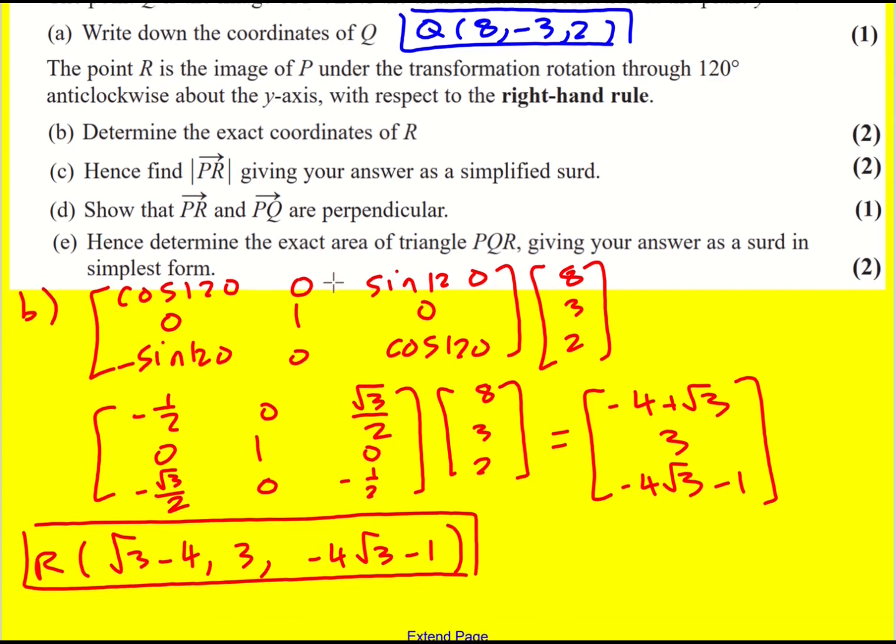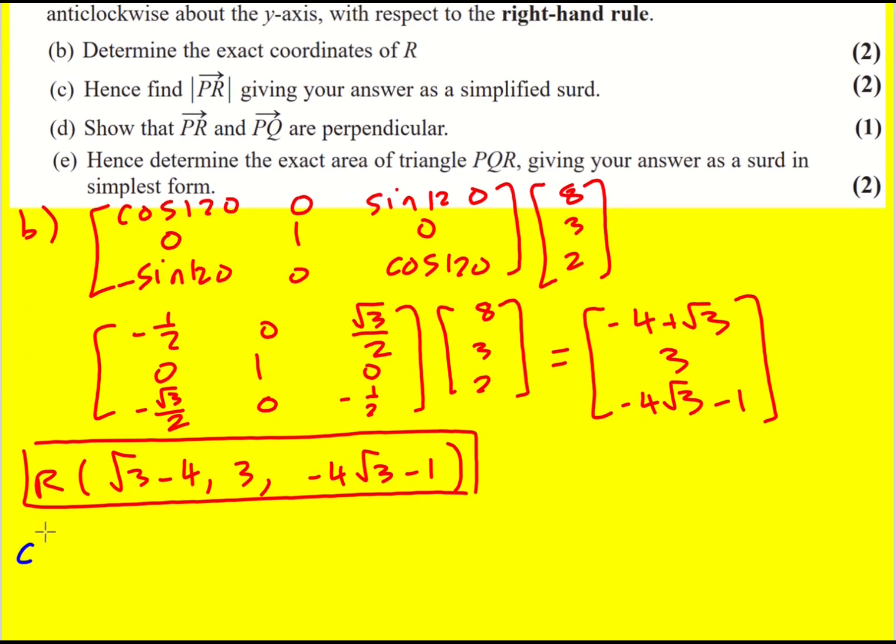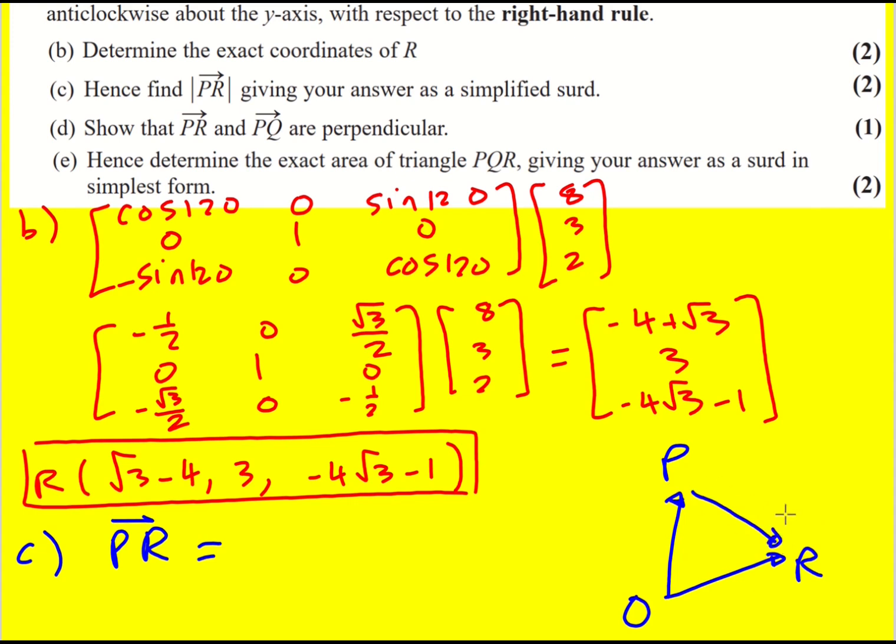Hence find PR, the modulus, or the magnitude, giving our answer as a simplified surd. Okay, well, let's first of all find it as a vector. If I want to go from the origin to P, the origin to R, then we can see P to R is going to be minus PO, which is minus OP, plus OR. So it's OR minus OP. Now I'm going to write these in vector form.